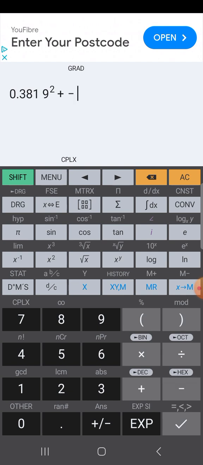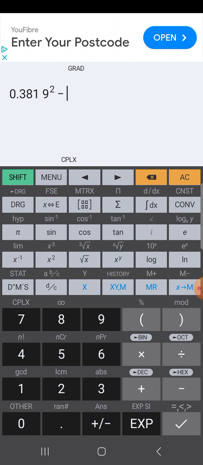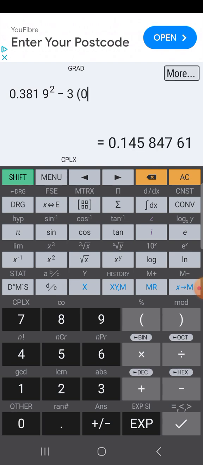minus 3 times 0.3819. Then you close it. See what you have. We have 0.9999.